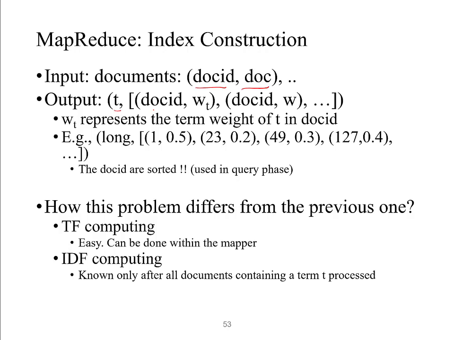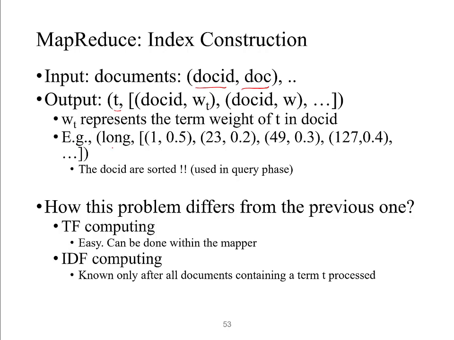But now it is different. Besides the document IDs, we also need the TF-IDF weight for each document corresponding to that term. So the output key is the term, but the value is a list of document ID and weight pairs.